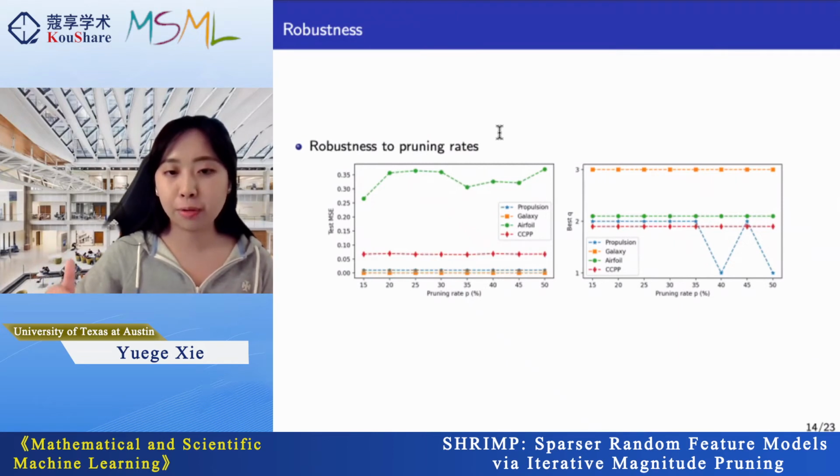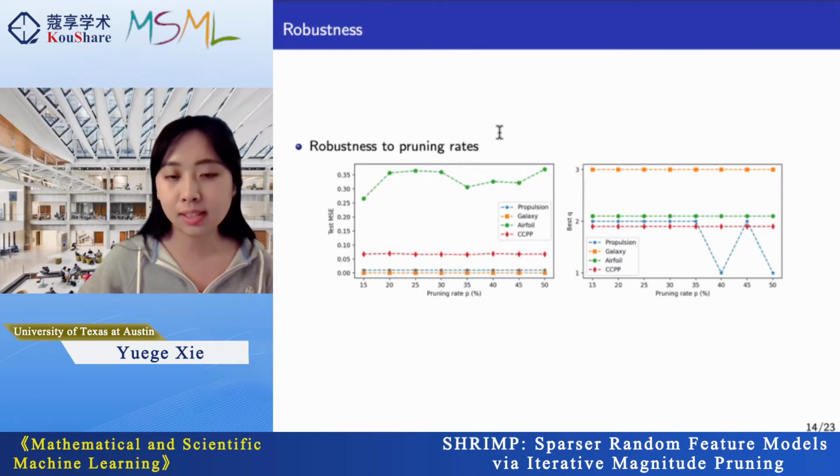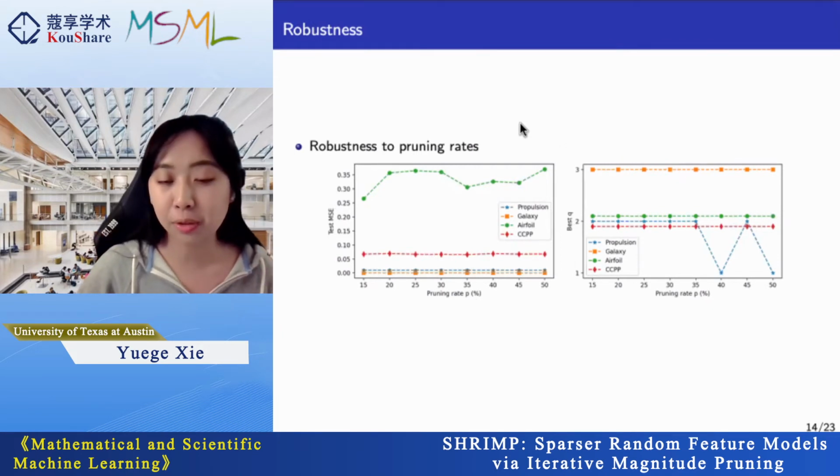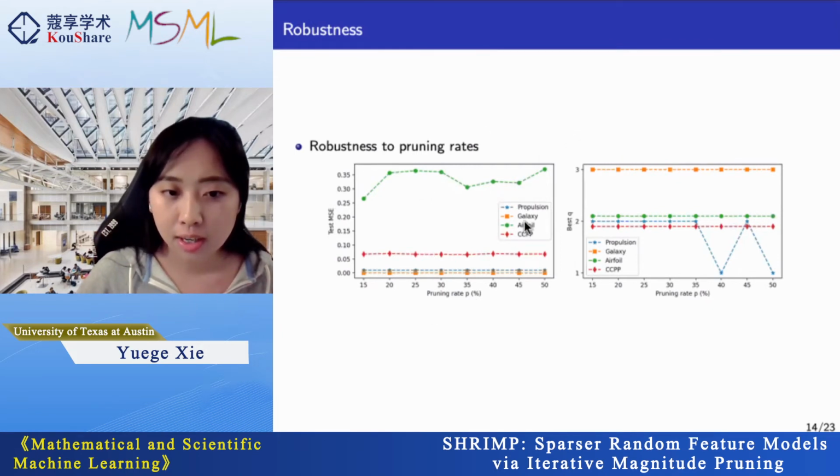If we vary the pruning rates, can we get similar results for a range of pruning rates, instead of needing to tune the pruning rates very carefully, which in practice will take some effort. And as we can see from this figure, for real-world data sets, we can see the robustness to the pruning rates for both the test MSE and the basis Q chosen by SHRIMP.